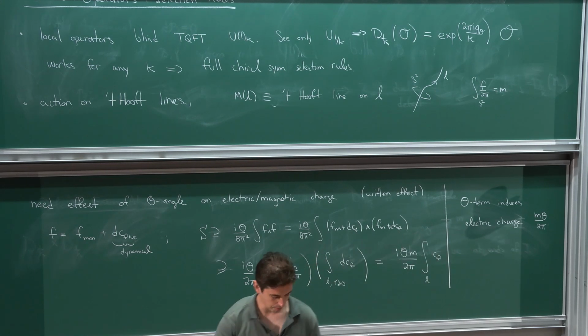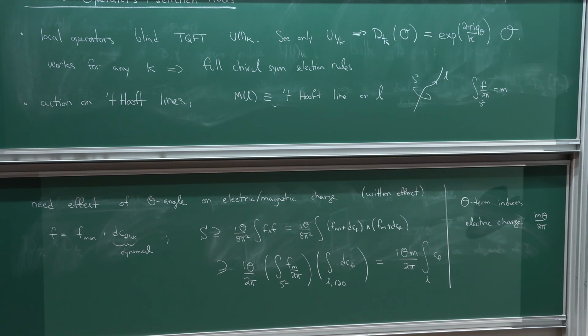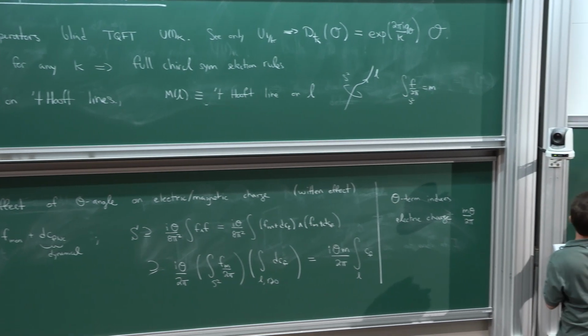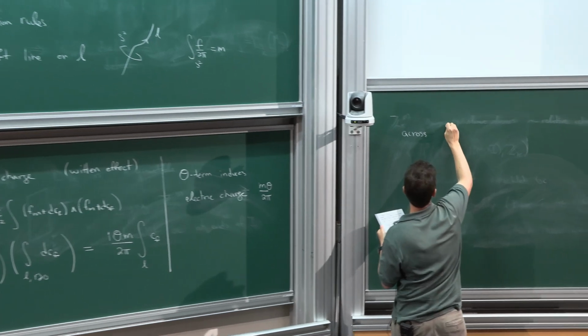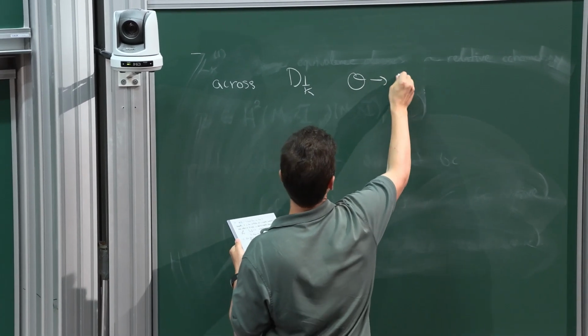Now, this was a little lemma for us. We needed it to derive how the defect acts on 't Hooft lines. And the essential point was that we saw that effectively across this D1 over k, the theta term jumps.